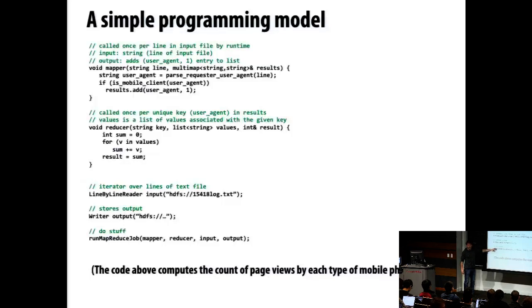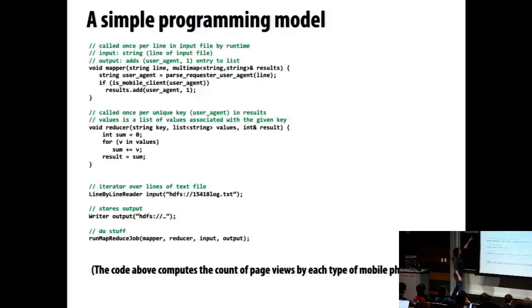Your only function call in this domain-specific language is called run MapReduce job. And you give run MapReduce job 2 functions. You give it something called a mapper, and you give it another lambda, another function called a reducer. The input will be this iterator over all lines of the file, and the output will be, well, I'll define what output is in a second, okay?